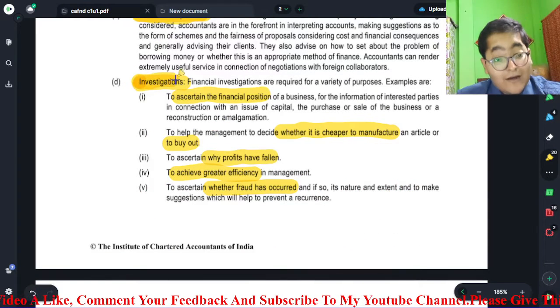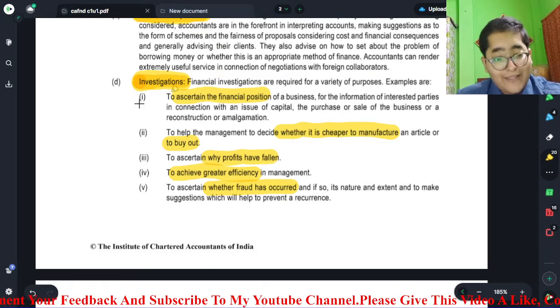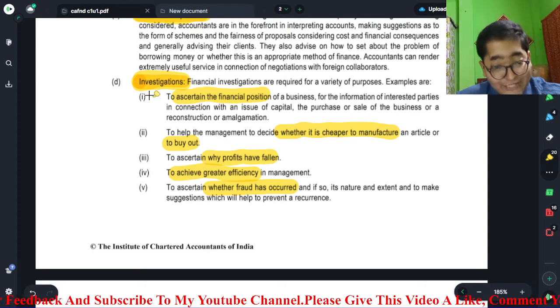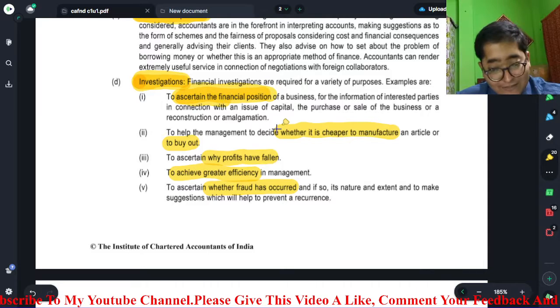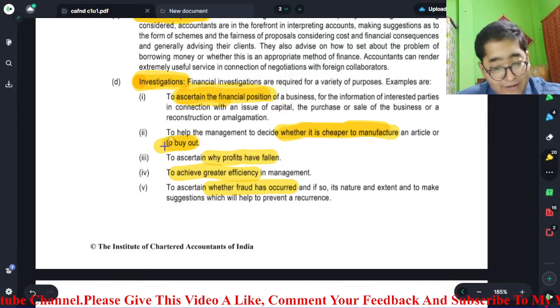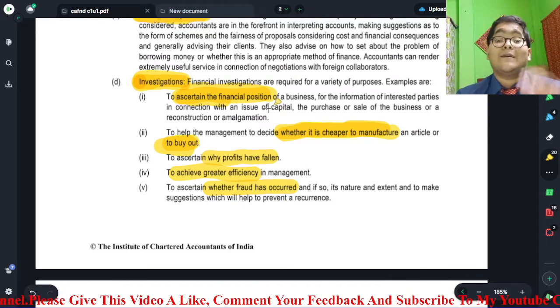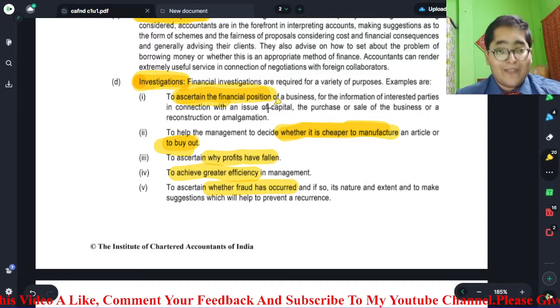Investigation: an accountant or person possessing knowledge of accounting can also help in investigation. For example, ascertaining the financial position of the business, whether it is cheaper to manufacture a product or to buy it out, using the theory of outsourcing, right?